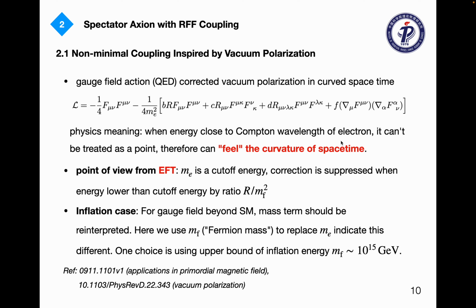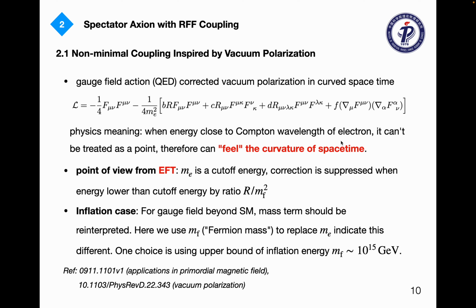Such action can also be extended from the point of view of effective field theory, where the mass of the electron should be treated as a cut-off energy. So when the cut-off energy is much higher than the spacetime curvature, which means the Compton wavelength is much shorter than the curvature scale, the corresponding effect will be suppressed, and so therefore we cannot neglect it.